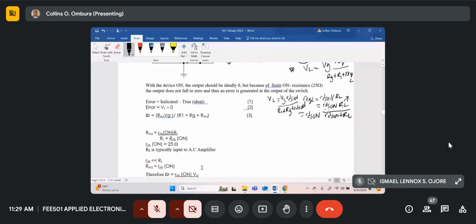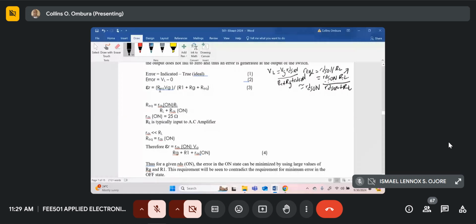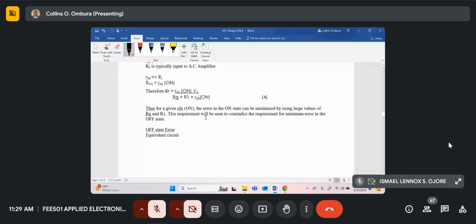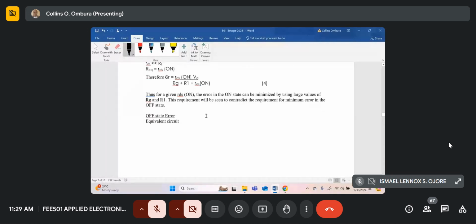Therefore, the error from equation 3 over here, instead of R equivalent, we can just write RDS on into VG, divided by R1 plus RG plus RDS on. So that's the error generated by using the switch in shunt when the device is in the on state.